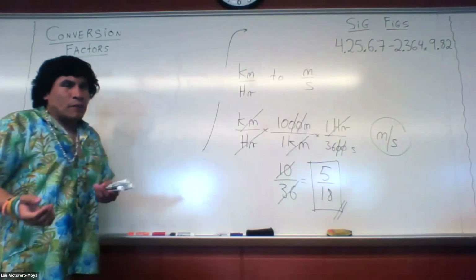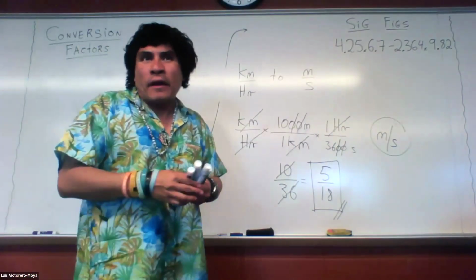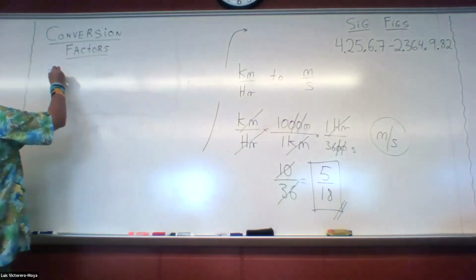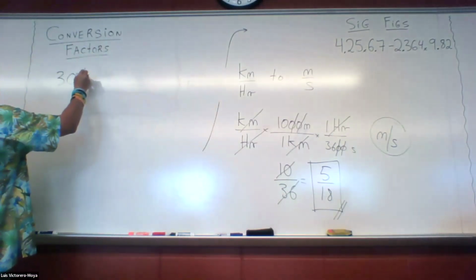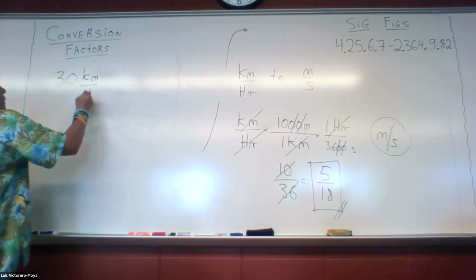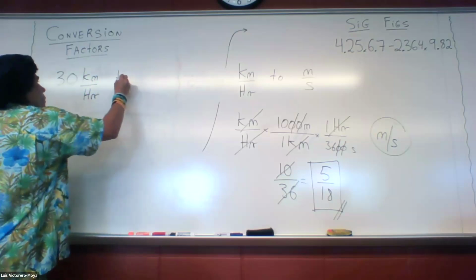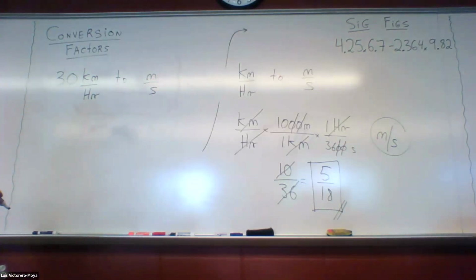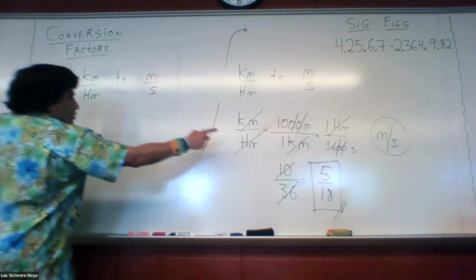30 kilometers per hour is about 22 miles per hour, by the way. So if you want to convert 30 kilometers per hour to meters per second, you just use a factor.